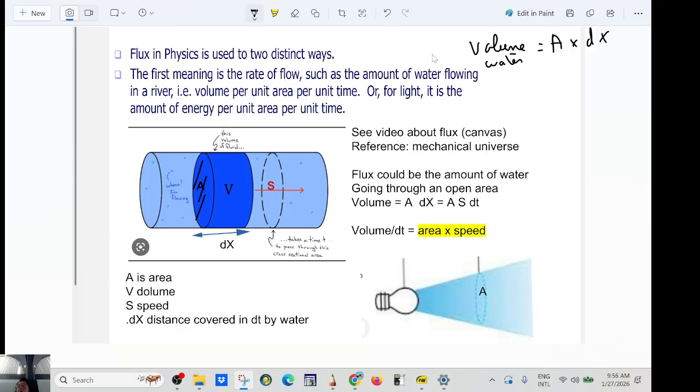Agree? Now you can define the volume per unit time, the volume of water flowing per unit time. So you're going to divide by the time, right? That's going to be A delta x over delta t. And what is delta x over delta t?